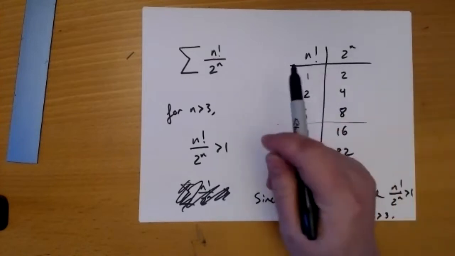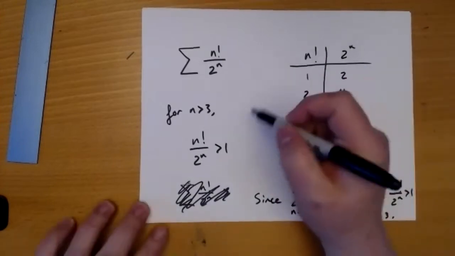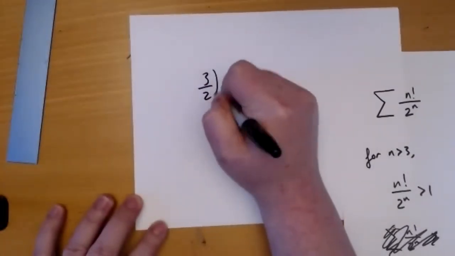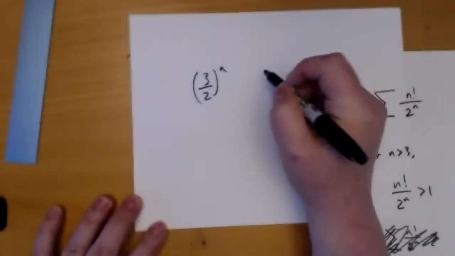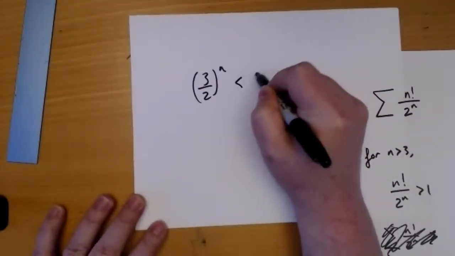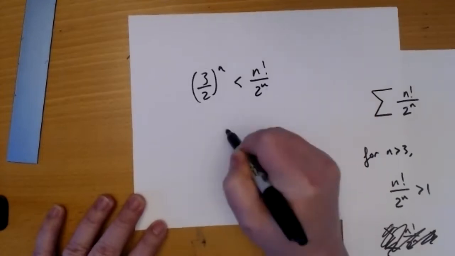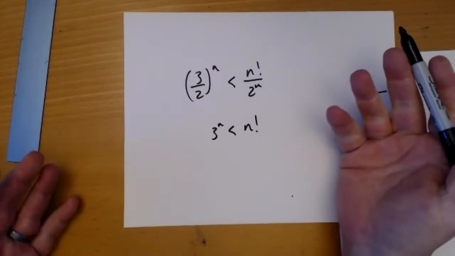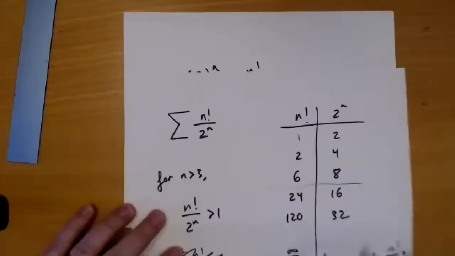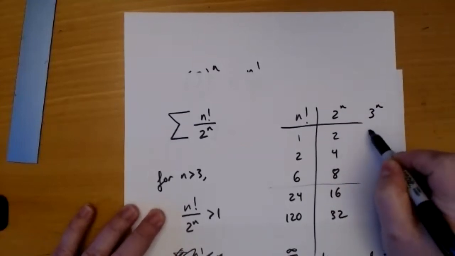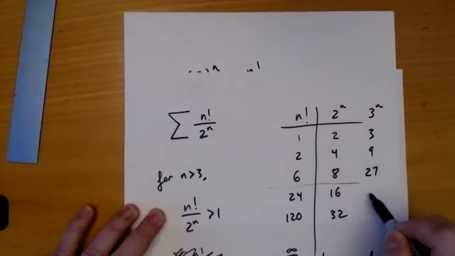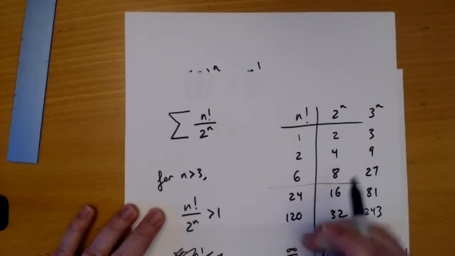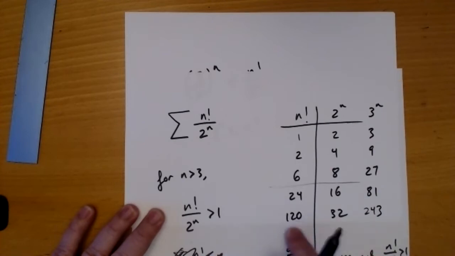So you could have used like an infinite geometric series, right? You could have looked at 3 to the n over 2 to the n. Well, this is less than n factorial over 2 to the n because 3 to the n is less than n factorial after some point. 3 to the n is 3, 9, 27, 81, and you've got to go a little further, 243, but after a certain point, the factorials are going to win.